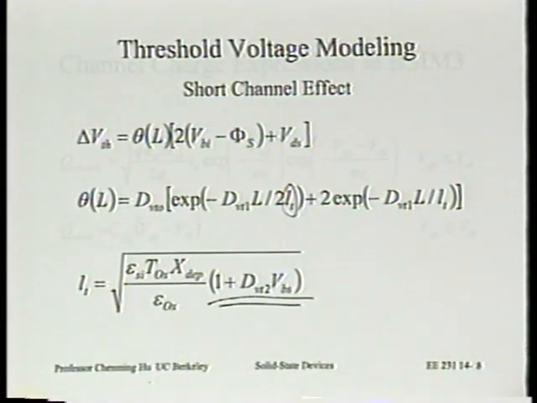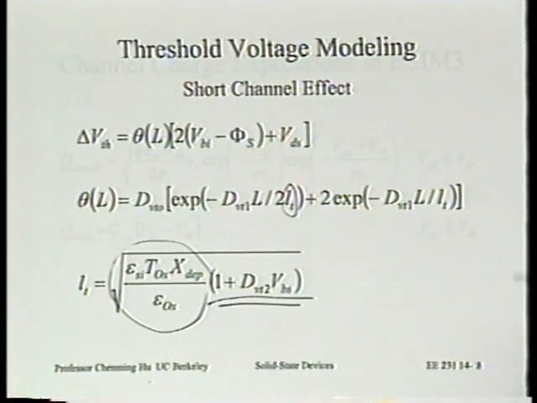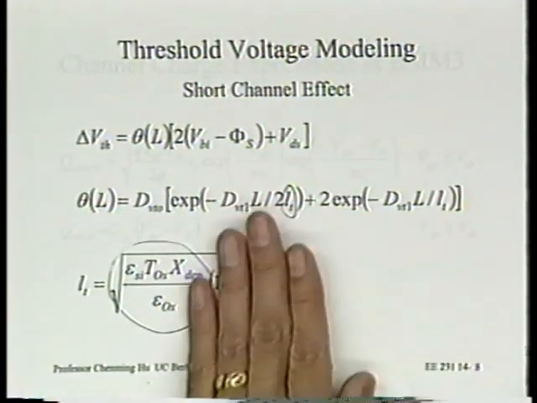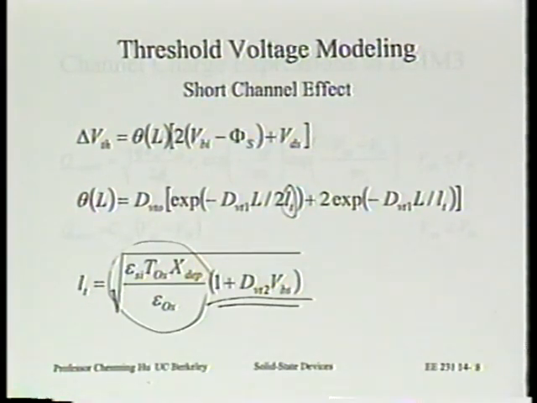Well, we know that this quantity itself is just an approximation, and given that this is a compact model, there's nothing wrong with giving the user some choice, some additional parameters that he or she can adjust to fit the data even better. You see, if you don't have any fitting parameter, then it's very difficult to fit all the results.